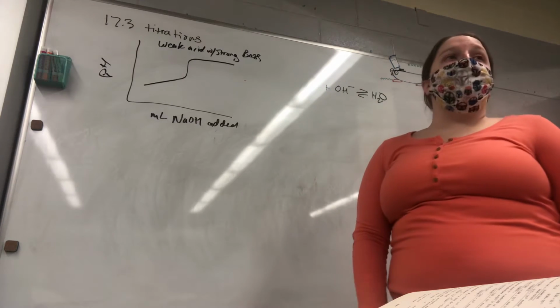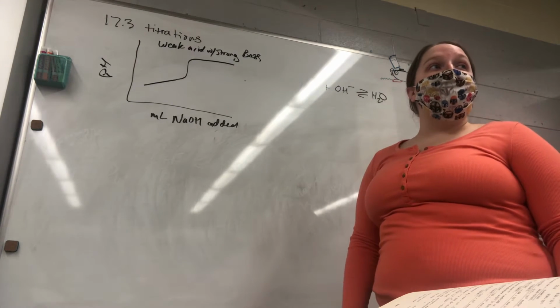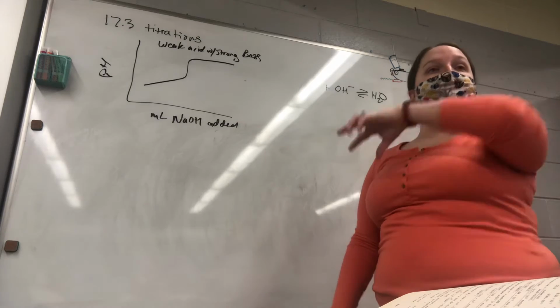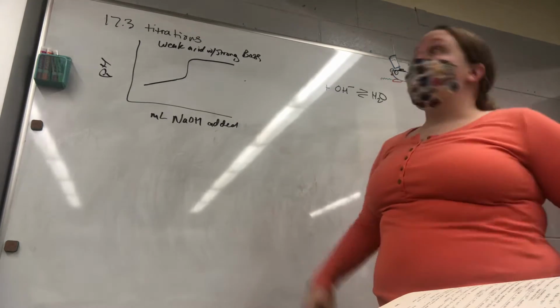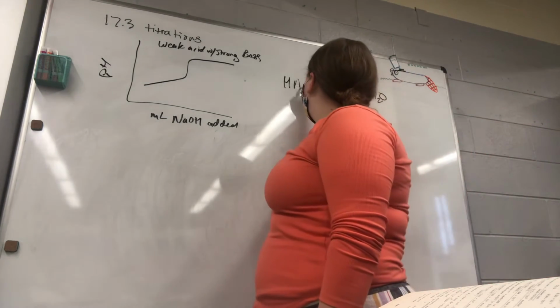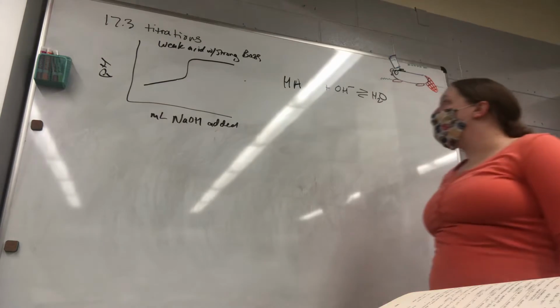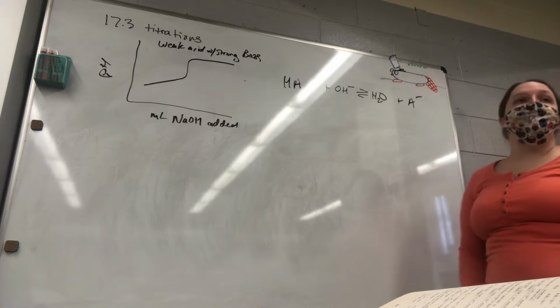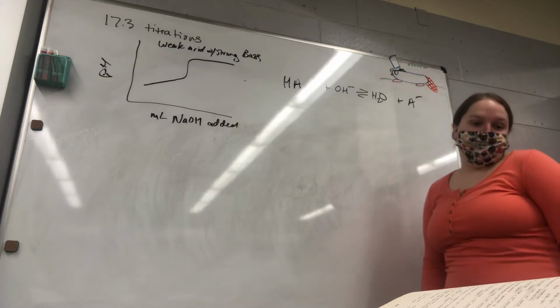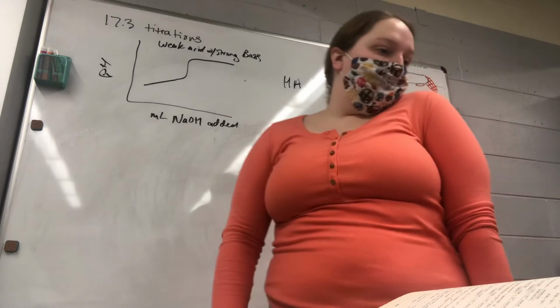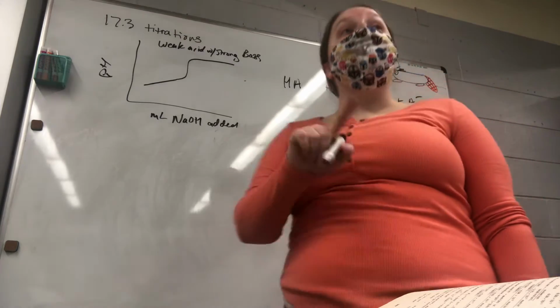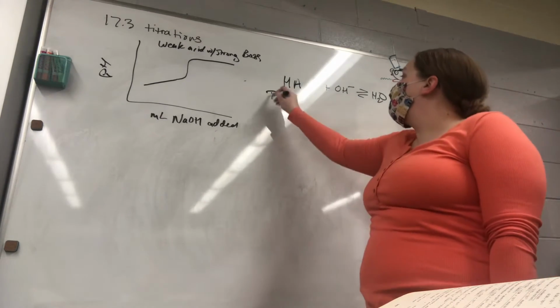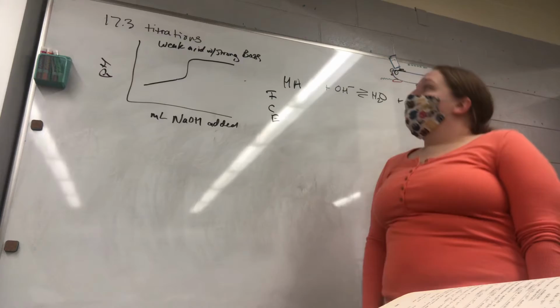Unfortunately, we can't just write H+, right? Because with a weak acid, not all of it is going to just completely react with OH. What actually ends up happening is we get HA plus OH minus, leaves behind the conjugate base of that weak acid. From there, we do similar things that we did in our previous titration.